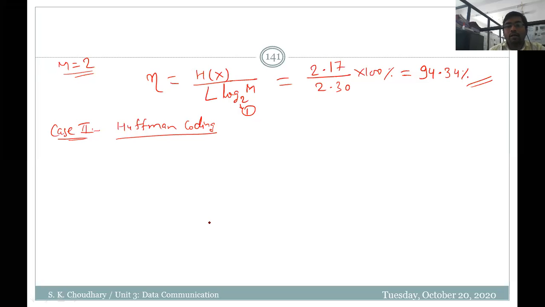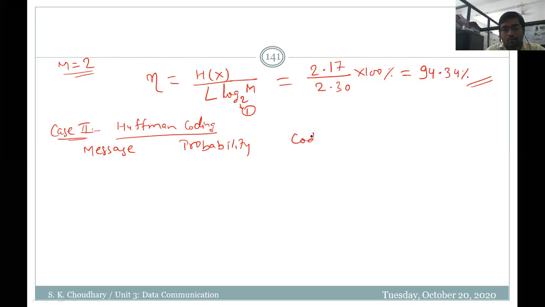Now we have to move to Huffman coding. Here again, we have to use the Huffman tree. For this, I would first write the table, because the space is less here. In the next slide, I would go for the Huffman tree.